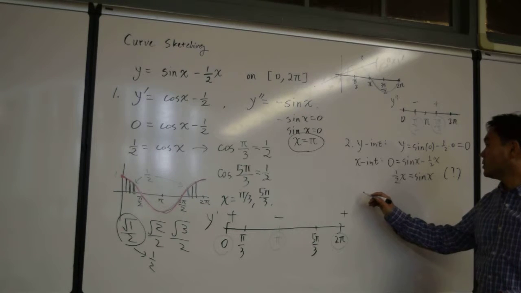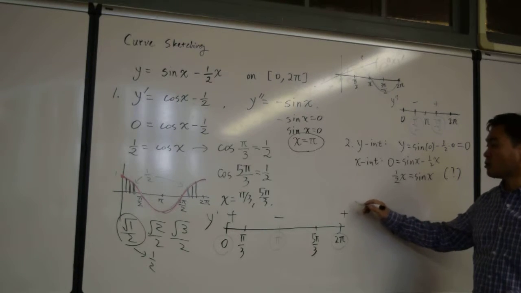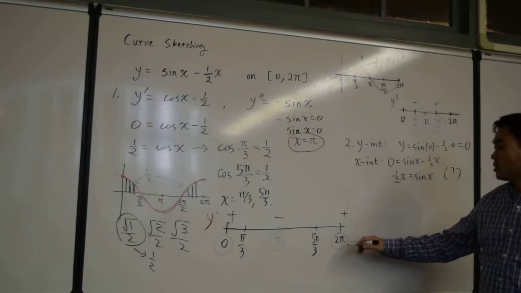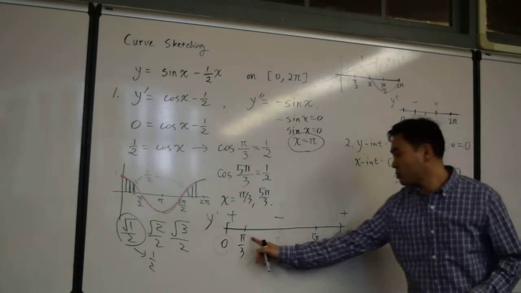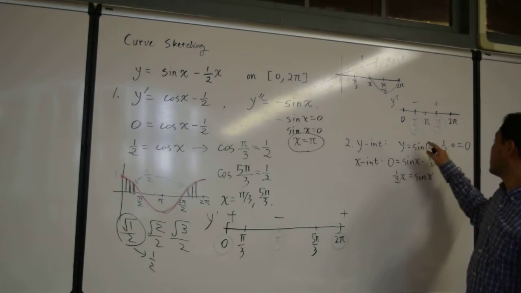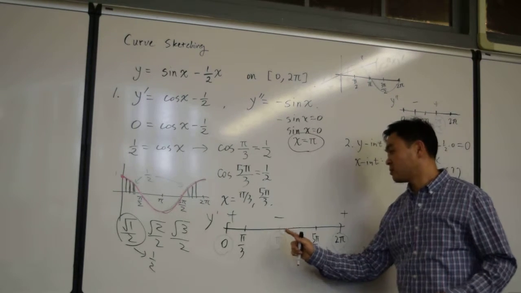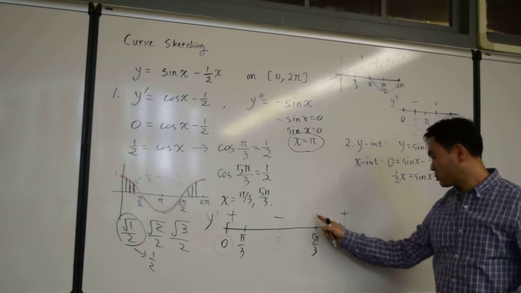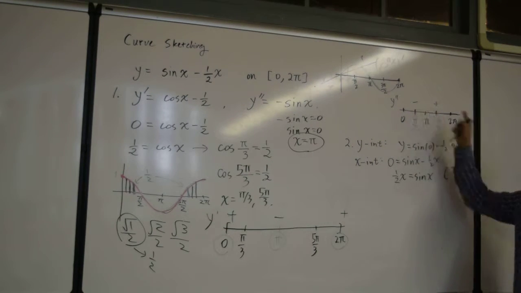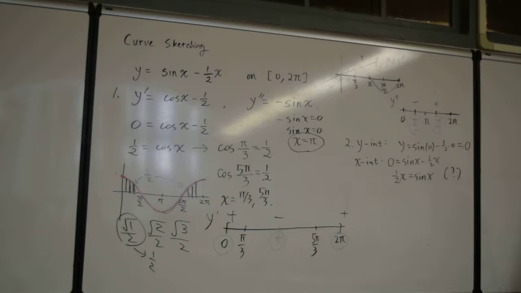Okay, now also we have to find the y value at pi over 3, 5 pi over 3, and also at pi, because this will be a relative max, this will be a relative min, and this will be an inflection point. So we want to find the coordinates of those.